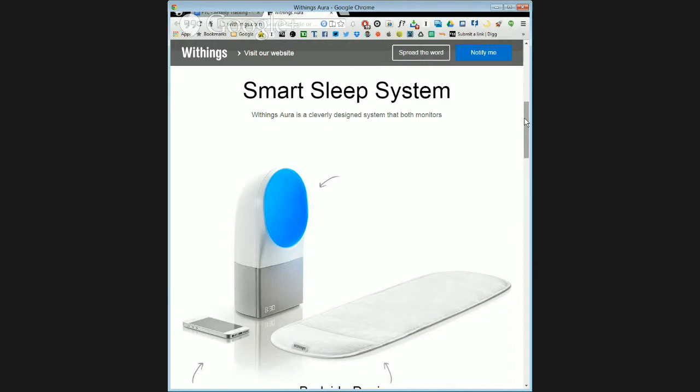But on a more specific note, although that has a lot of sensors in it too, and it technically tracks some activity, the thing about this product, the Withings Aura, it hasn't been released yet, but they're saying summer or maybe fall 2014.